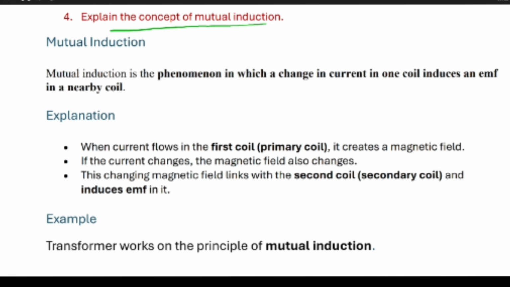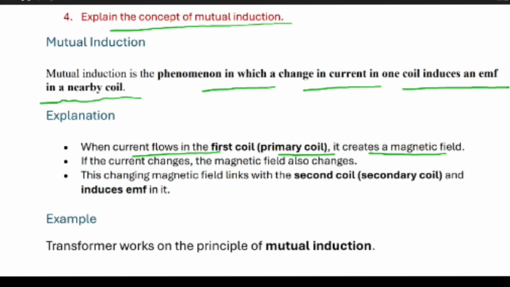The next question is: explain the concept of mutual induction. First we have to know the definition. It is the phenomenon where, if you change the current in one coil, an EMF is induced in the nearby coil. The current flowing in the first or primary coil creates a magnetic field.